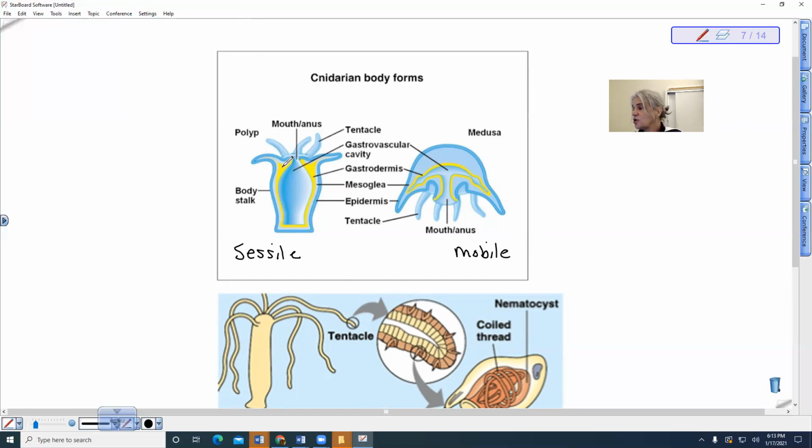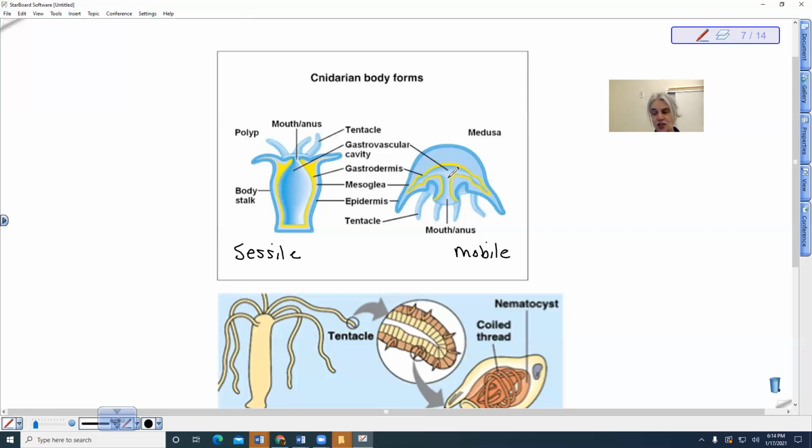So they have two tissue layers. They have one mouth/anus in both of these. They differ in their orientation of their mouth and anus, whether it's down, like in the medusa, or pointing up, as in the polyps. So a good example of this would be like the sea anemones, right?